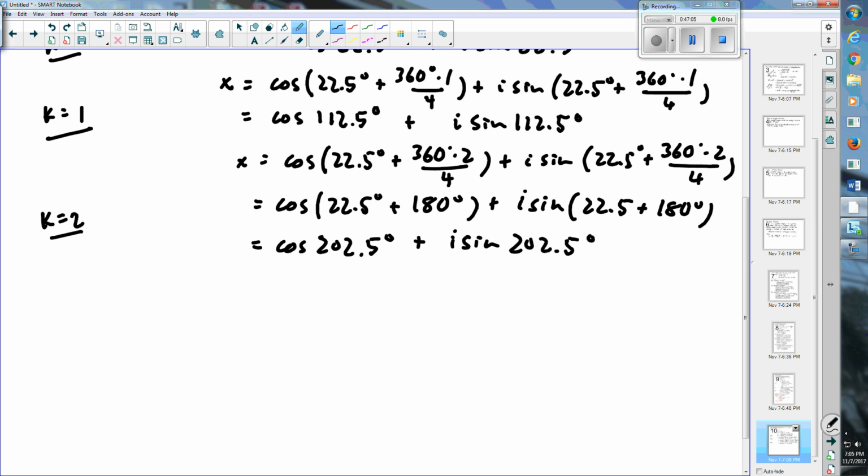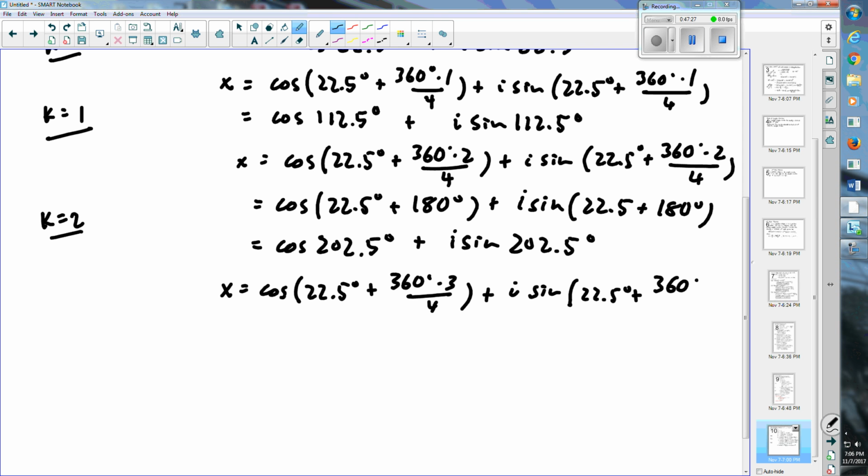Now we have one more when k is equal to 3. So we have x is equal to cosine 22.5 degrees plus 360 degrees times 3 over 4 plus I times the sine of 22.5 degrees plus 360 degrees times 3 over 4.